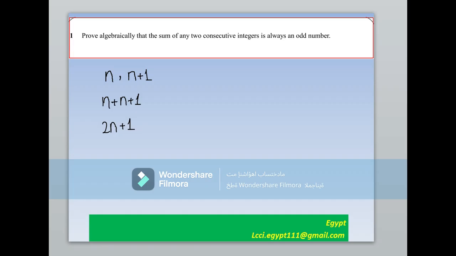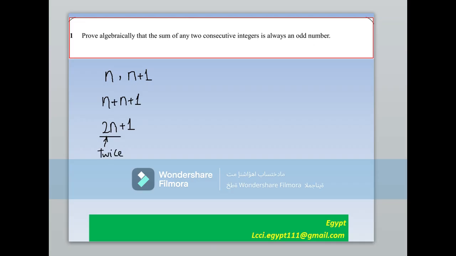Look, the required is always an odd number. What's the meaning of odd number? Is 2n an odd number? No. 2n means double or twice.